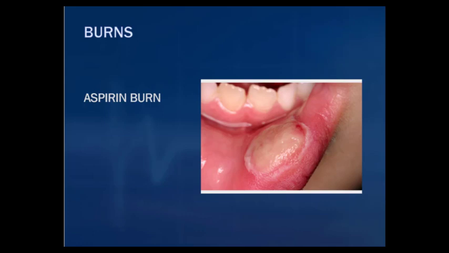This first one is an aspirin burn. Now, a lot of people believe that when they have a toothache, they should place an aspirin in the gums because it's close to the tooth that's hurting, that somehow it will provide quicker pain relief. But aspirin is a salicylic acid, and so if you place that on soft tissue, it's going to burn and create a blister, and that's what's happened here.